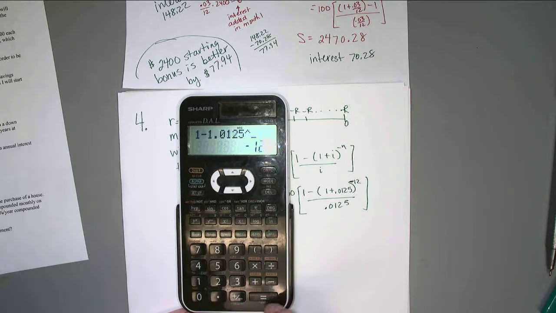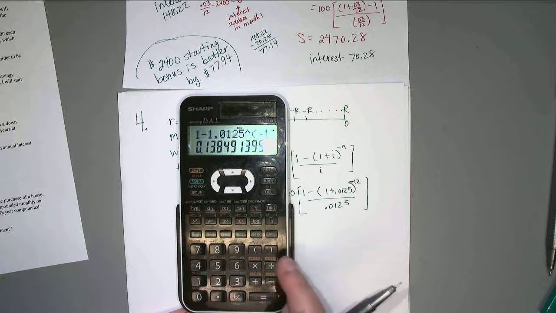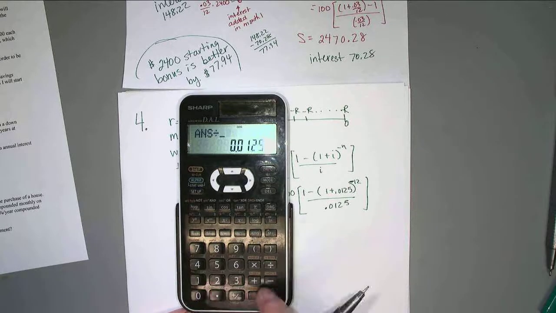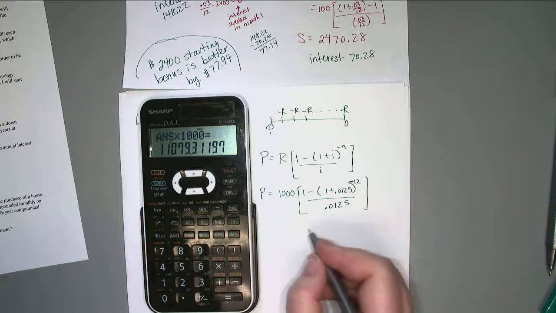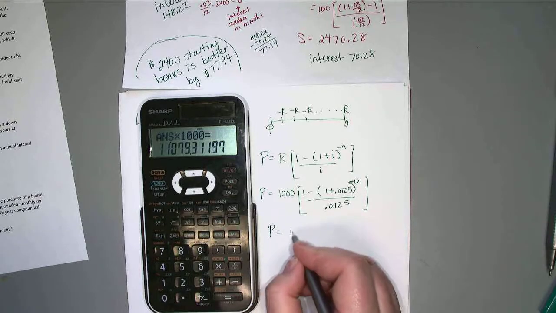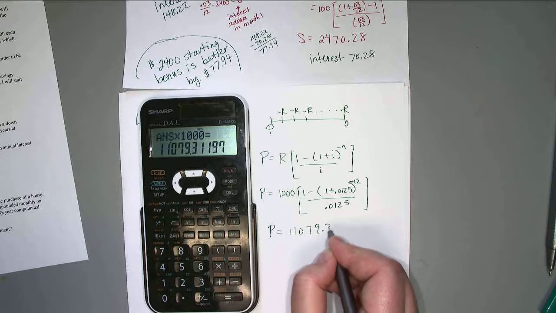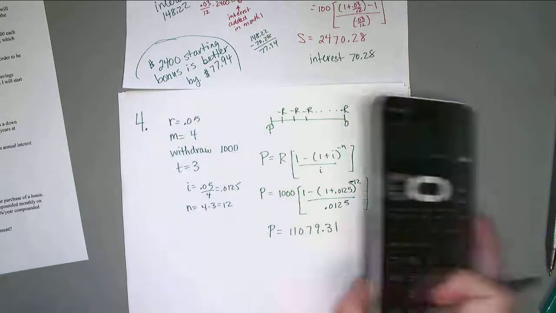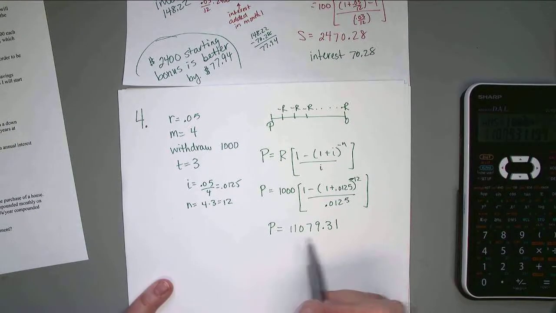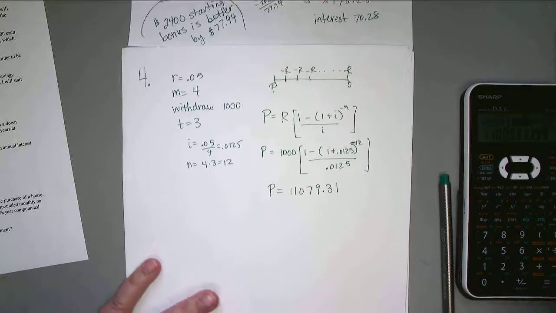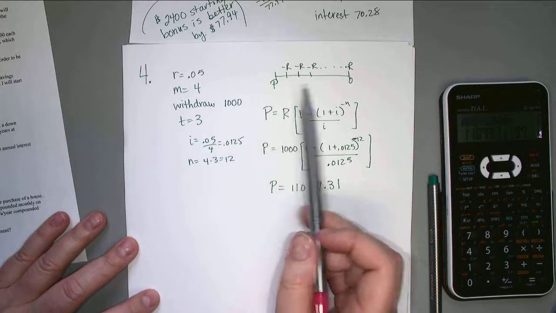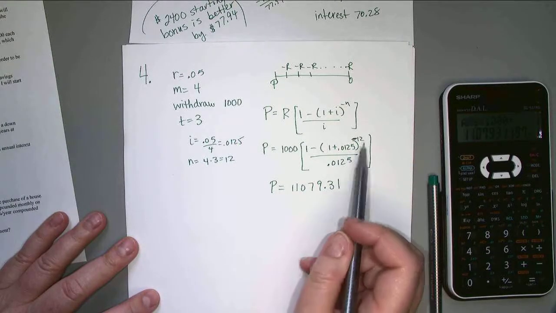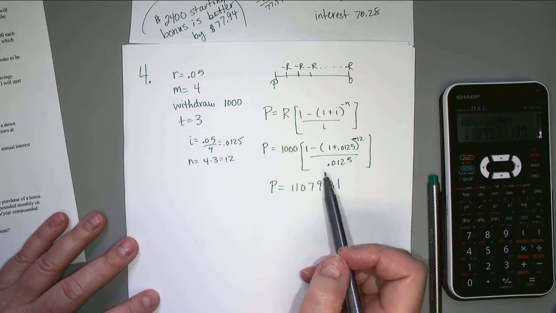So negative 12, divided by 0.0125 and times 1,000. So if we deposit 11,000 and then you withdraw $1,000 12 times, then it'll be down to 0.